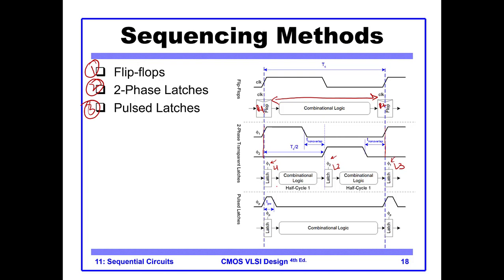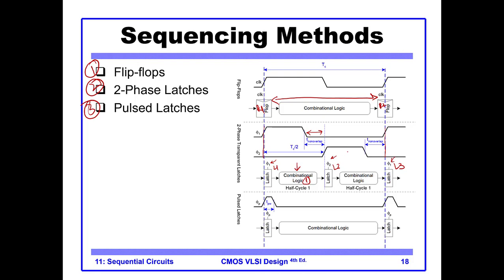So in phase 1, when phase 1 is high, the combinational logic 1 computes. Then there is some non-overlap time, to enable the combinational logic to process the information and be sure that it is processed.